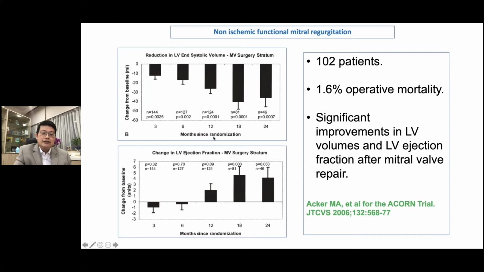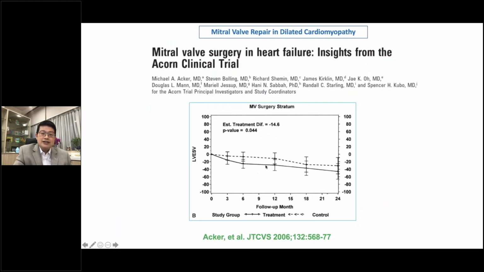You can see a significant reduction in LV volumes and an improvement in their ejection fraction. And if we compare this to patients who just have medical treatment, you can see that patients who have mitral valve surgery show a much more significant improvement in terms of their reverse LV remodeling and reduction in LV volumes.